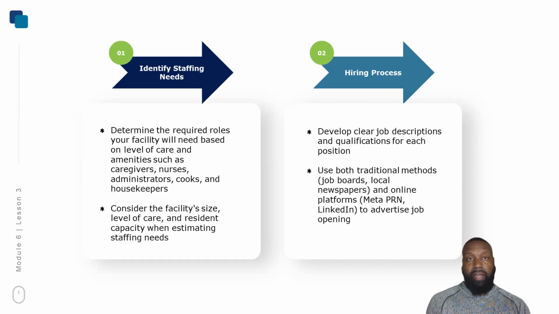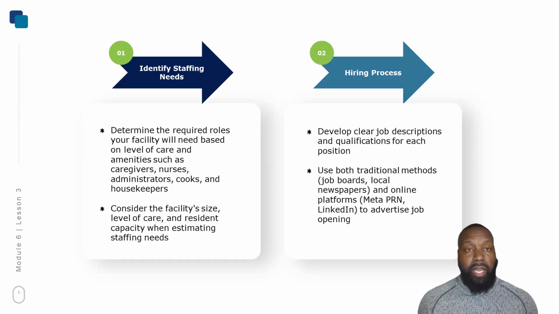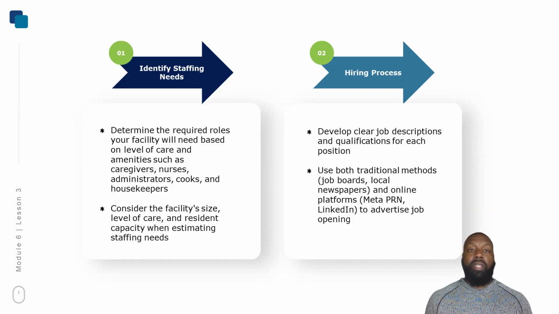You think, all right, am I going to need 1, 2, or 3 staff members for this place to run smoothly? You've got to look at the level of care of your clients. You need to look and see how easy it is to maintain the house. A lot of times, it's stuff that you're going to just figure out on the fly, but you have to be willing to make adjustments on the fly to keep your business running smoothly.